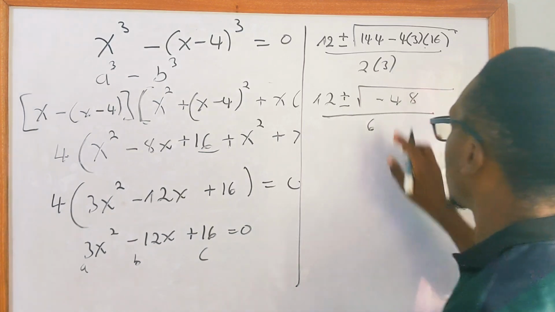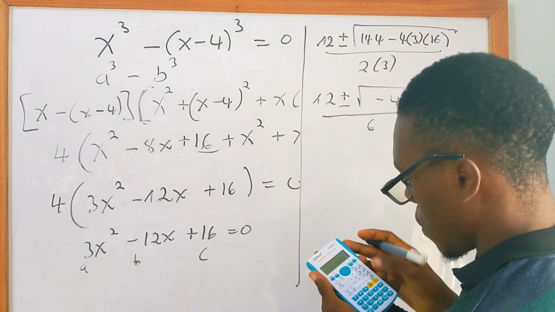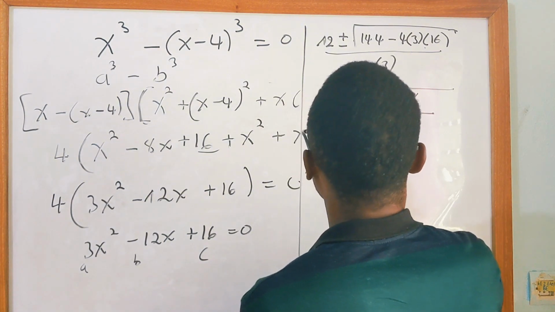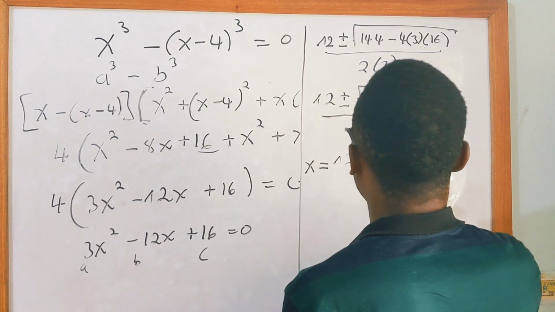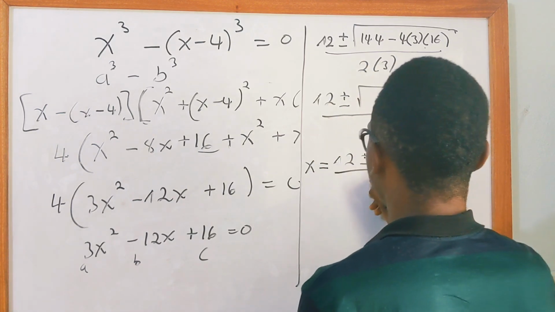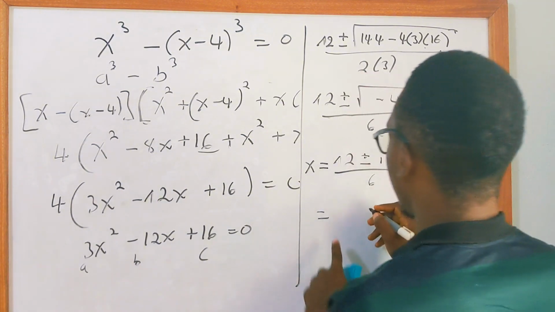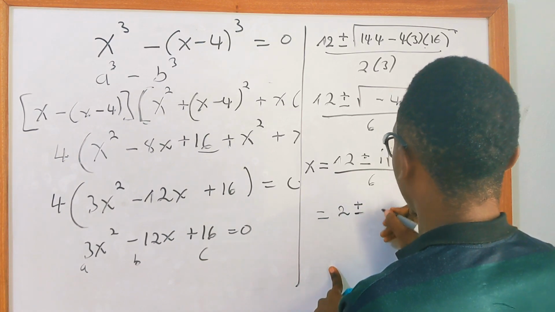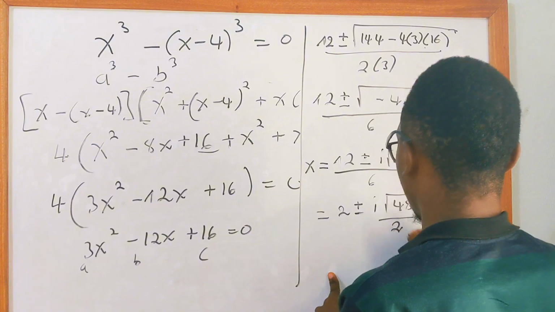Okay. Negative 48 can be equal to what? Divided by 9, I don't know. Okay, we have negative 48, we can have x is equal to what? 12 plus minus what? Root of negative 48 divided by 6. That will be equal to what? 6 divided by that, we are going to have 2 plus minus root of negative 48 all over 2.